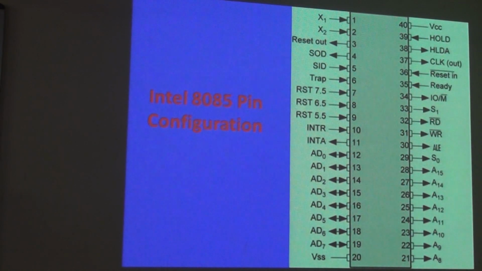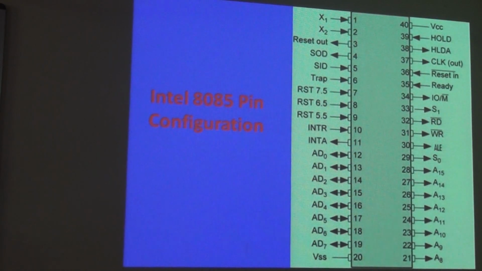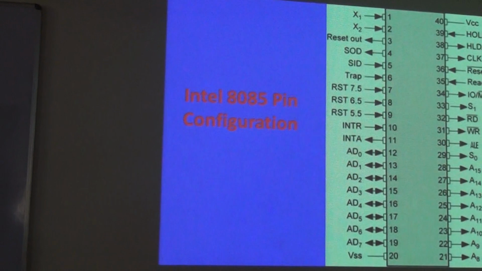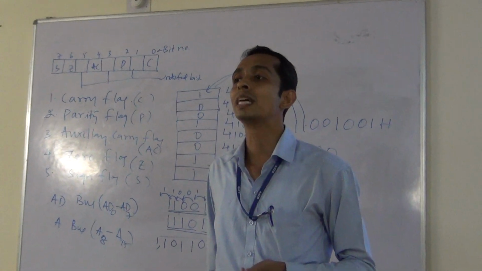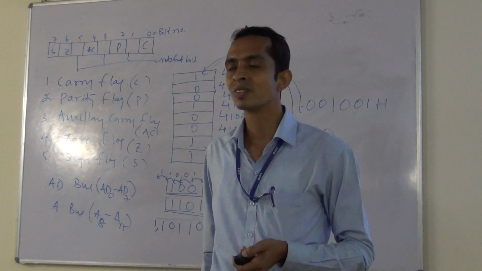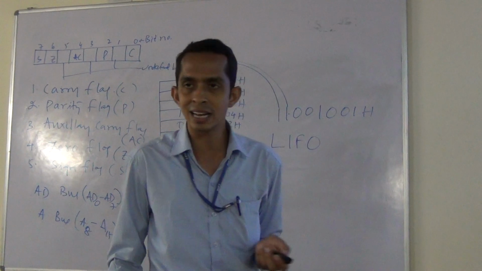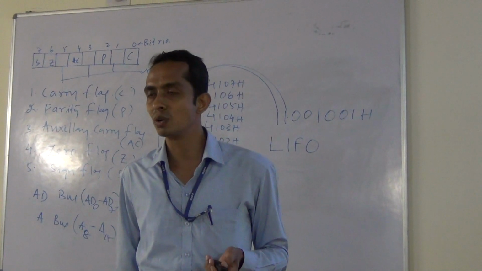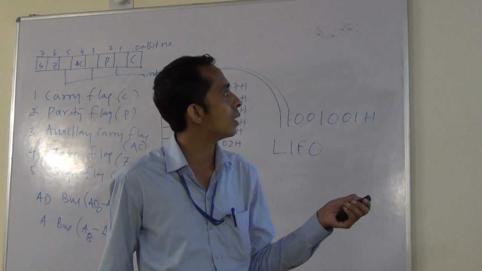These X1 and X2 are the input pins, pin number 1 and 2. Through these 2 pins, we can provide a specific clock signal as the logical input signal for the microprocessor operation. As I have told you, this works at a speed of 3 MHz. The 3 MHz clock signal can be generated externally with the help of a crystal oscillator, which will be available outside.